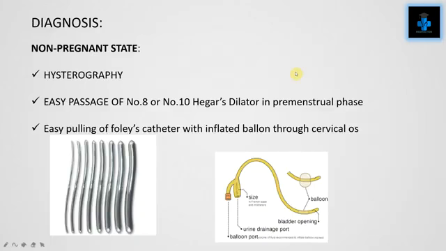Diagnosis. In the non-pregnant state, diagnosis can be done by: number 1, hysterography; number 2, easy passage of number 8 or number 10 Hegar's dilator in the premenstrual phase; easy pulling of Foley's catheter with inflated balloon through the cervical os.